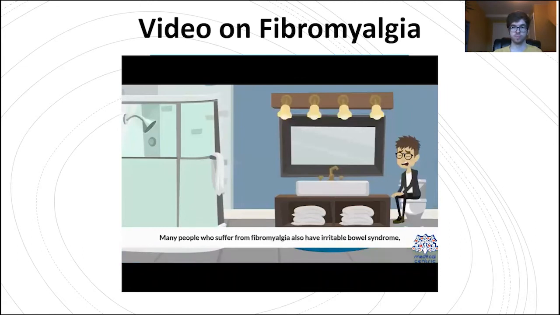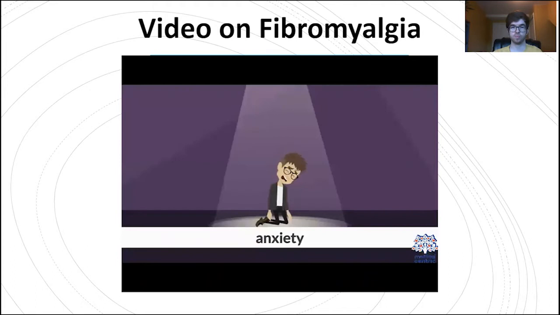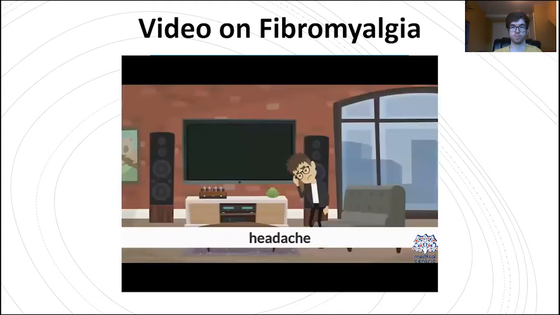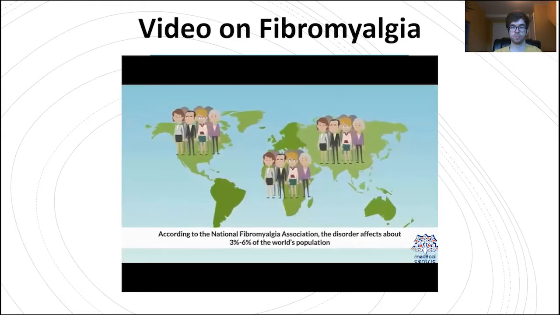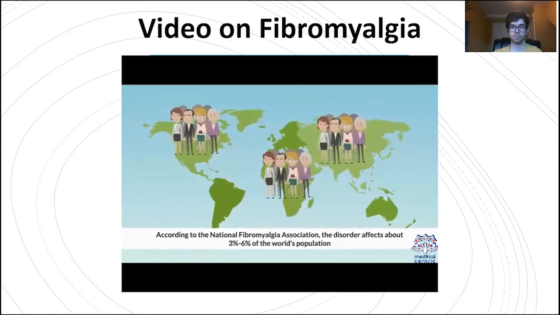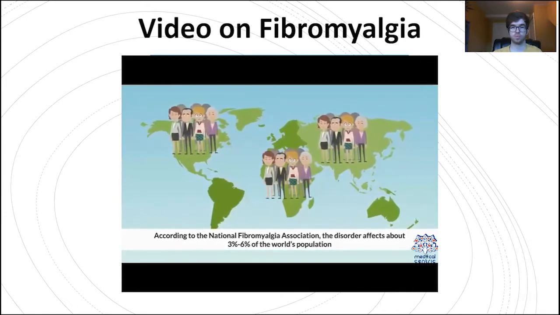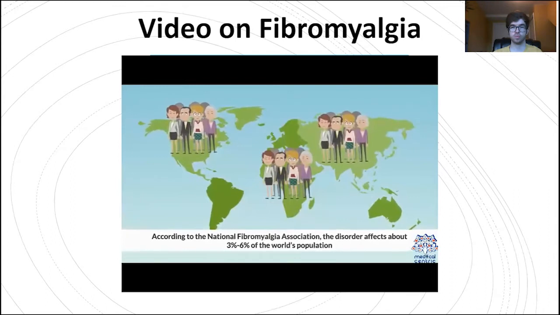Many people who suffer from fibromyalgia also have irritable bowel syndrome, anxiety, tension headache, and depression. The pain and sleeplessness associated with the disorder can interfere with the ability of the sufferer to function at home or on their job. According to the National Fibromyalgia Association, the disorder affects about 3 to 6% of the world's population.